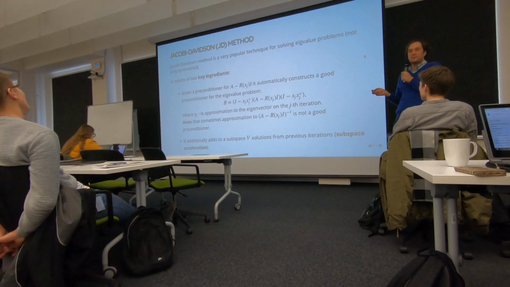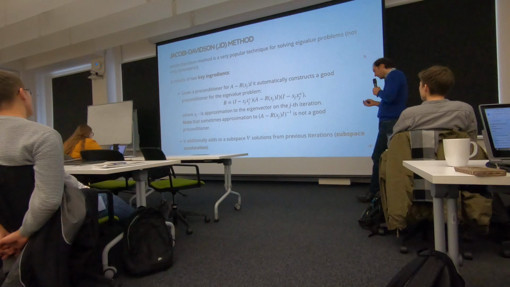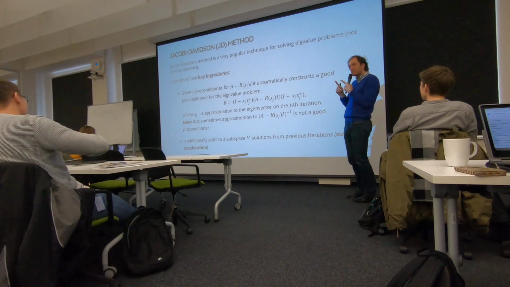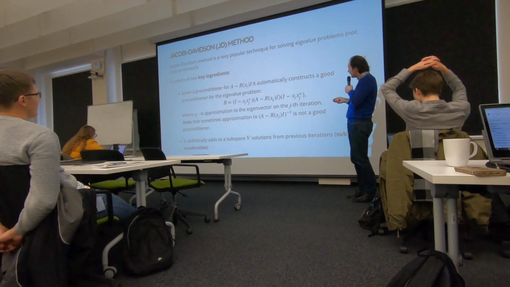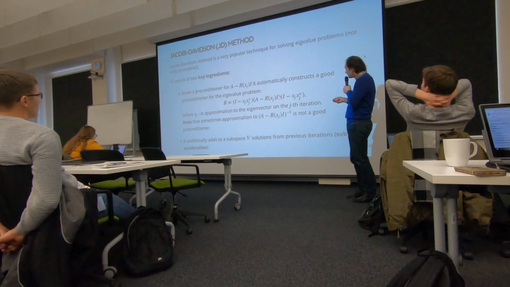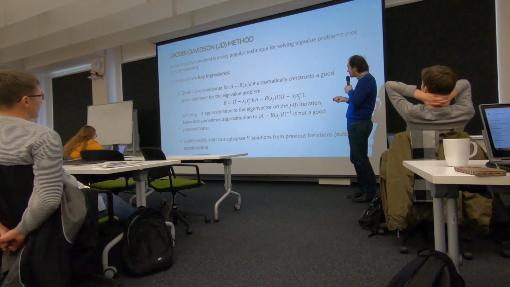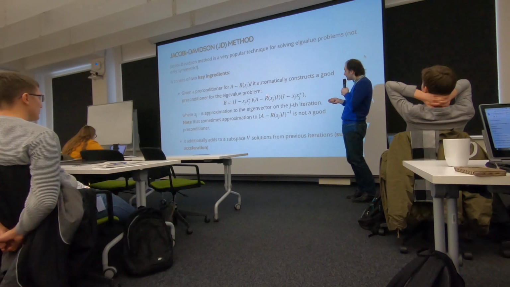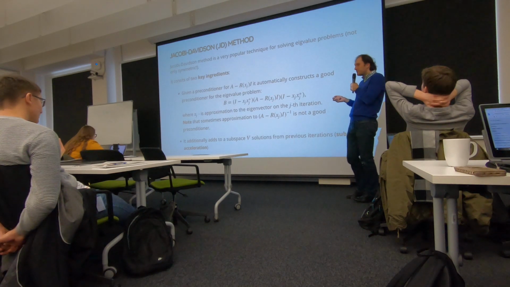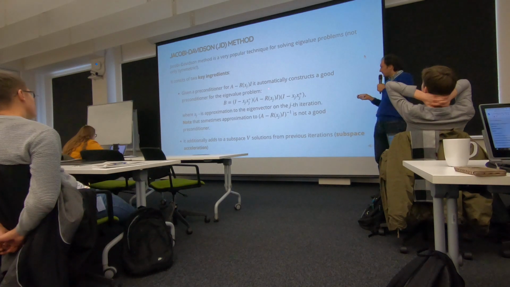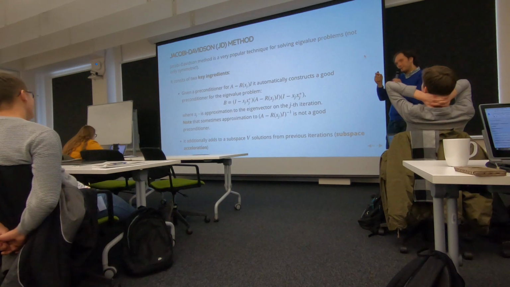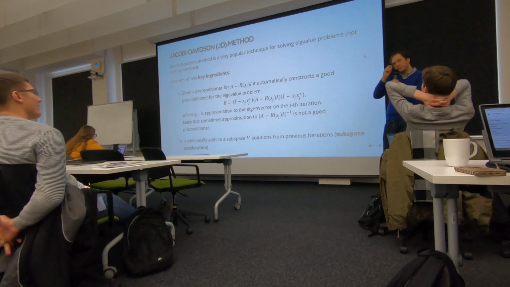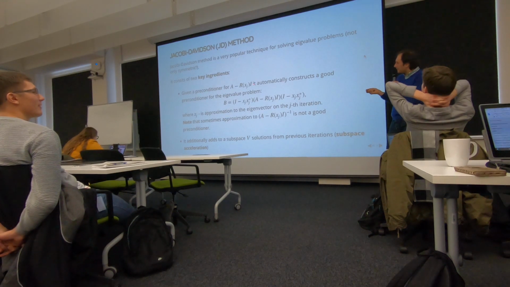So this is a projector corresponding to the linear subspace orthogonal to x_j. So what happens with this matrix? If x_j is a good approximation to the eigenvector, then this is a good approximation to the eigenvalue, and it means that if A is diagonal, for example, then it has a very small element on the diagonal.